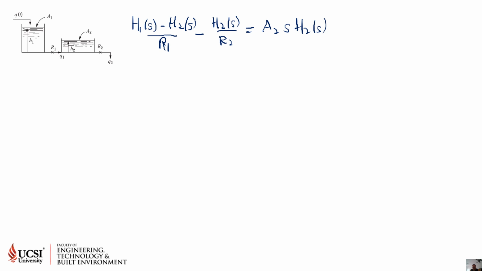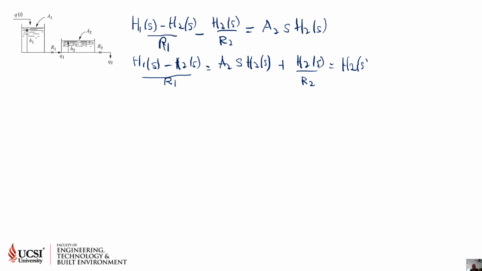I can rearrange this: H1(s) minus H2(s) over R1 equals A2 s H2(s) plus H2(s) over R2. I bring this term to the right hand side, and I can also factorize it. I can take out H2(s) multiplied by A2 s plus 1 over R2. So I can write it in this form.